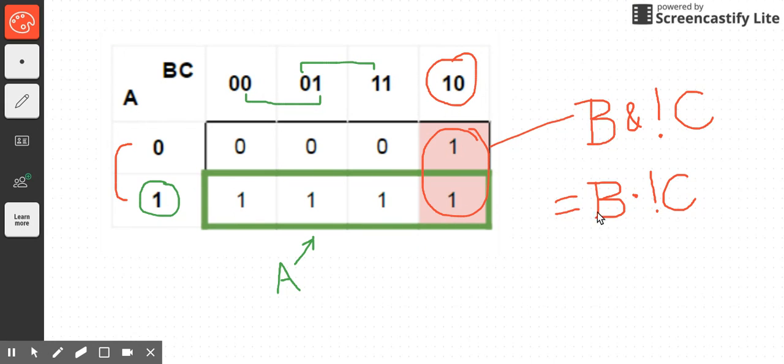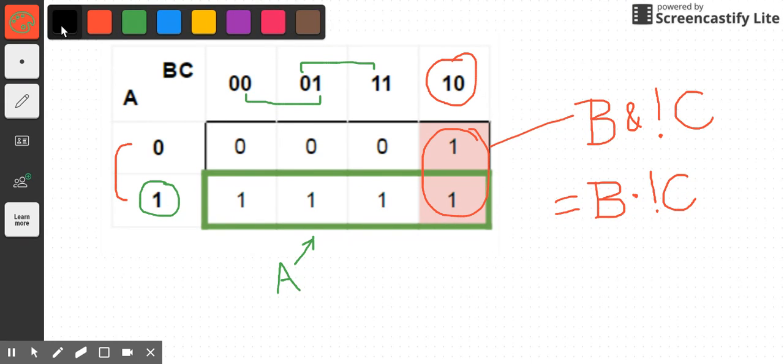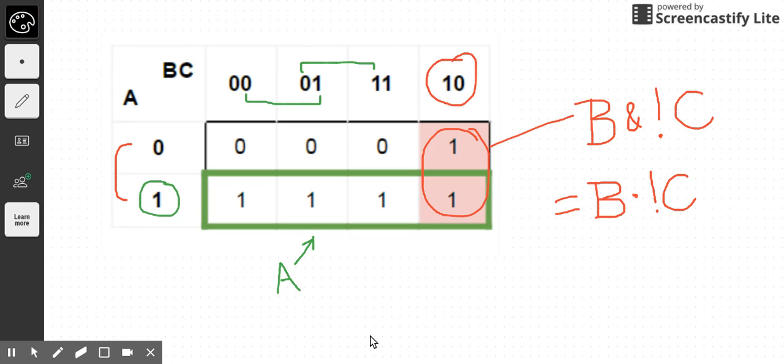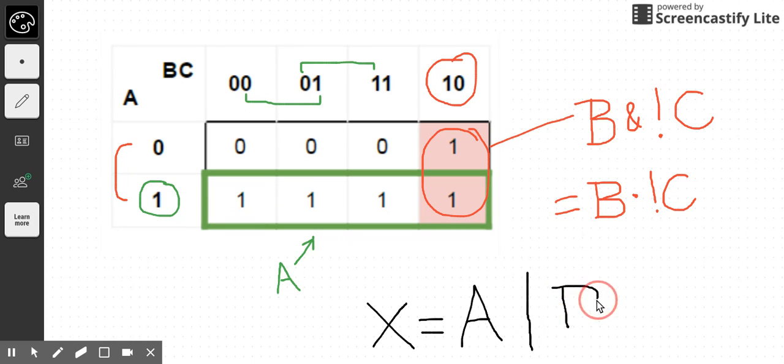So now I have two pieces of this equation. So what I need to do is put these together into one equation. So in this case, I'm going to assume that this output variable was x. We're going to say x equals A, or, and in our class we're using or as the pipe symbol, the programming logic symbol.